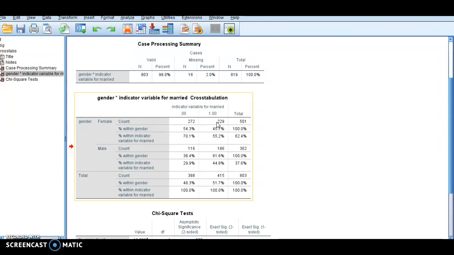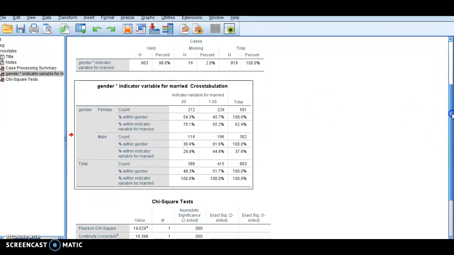So for this table, it might be of those who are married, there's a total of 415 of those participants in the study. It might be of those who are male. For that, there is a total of 302. That's always your denominator, the thing that you divide by. And then you just have to decide what's the cell that we're talking about. So if I said, of males, what percent were married? Then it would be 186 divided by 302.